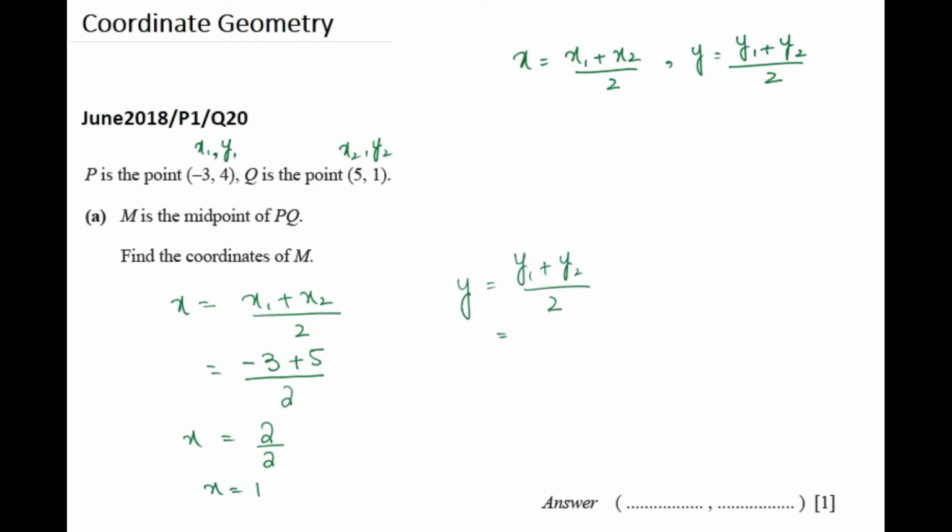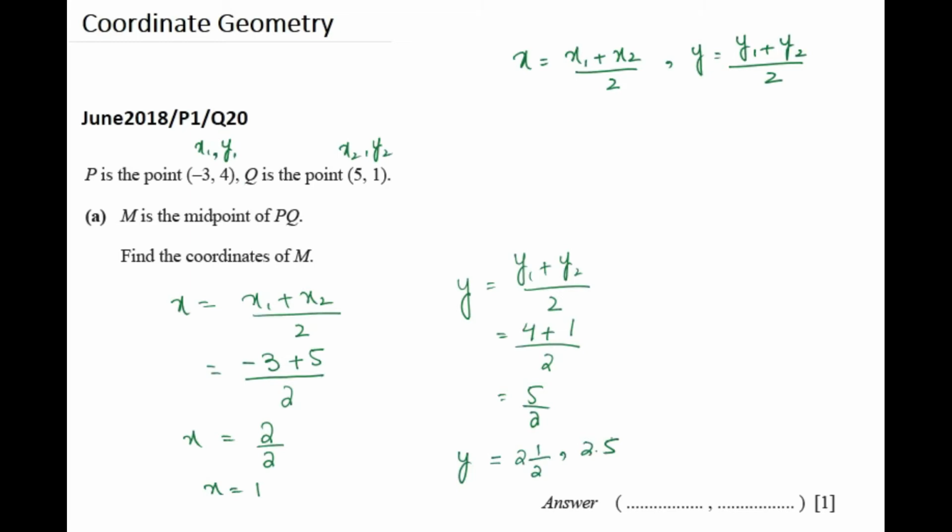Here the y1 value is 4 and y2 value is 1, divided by 2, so it's 5 upon 2. Remember that whenever we have a numerator greater than the denominator, we give the answer as a mixed fraction. So it will be 2 whole 1 upon 2, or we can write the answer in decimal, which is 2.5.